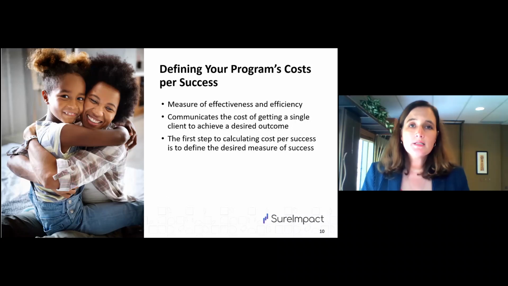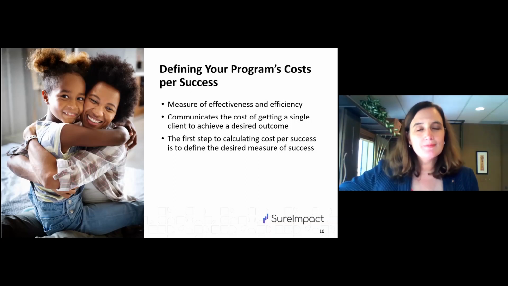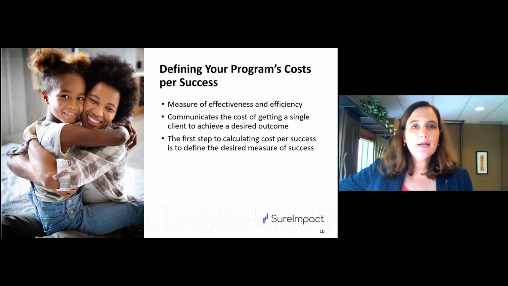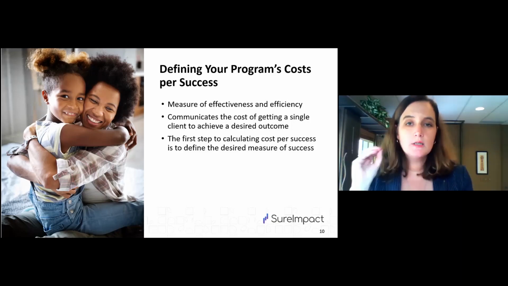But when you talk about cost per success, you actually can increase your program's budget and increase your success rate at the same time, and you will be able to deliver the same cost per success, right? So we want to make sure that we know how much it costs to get to one successful outcome.